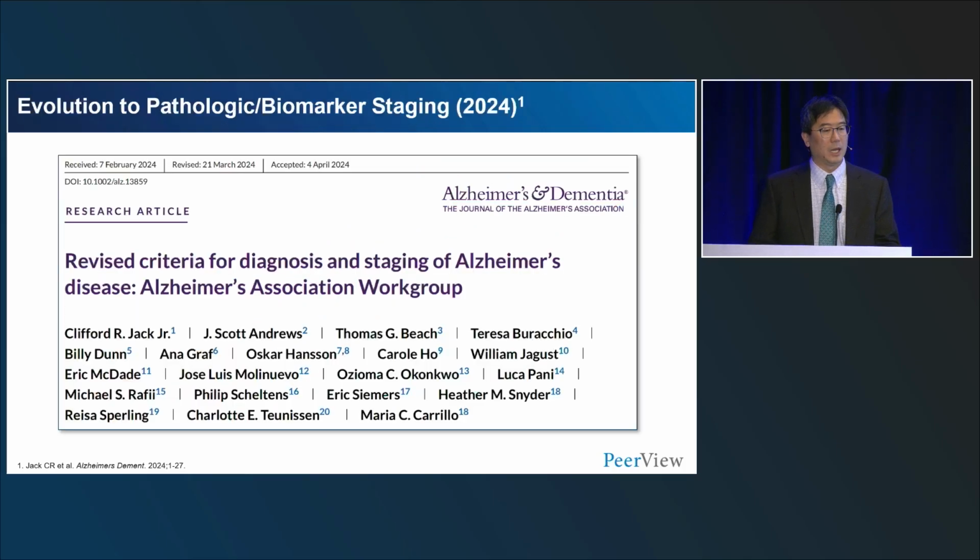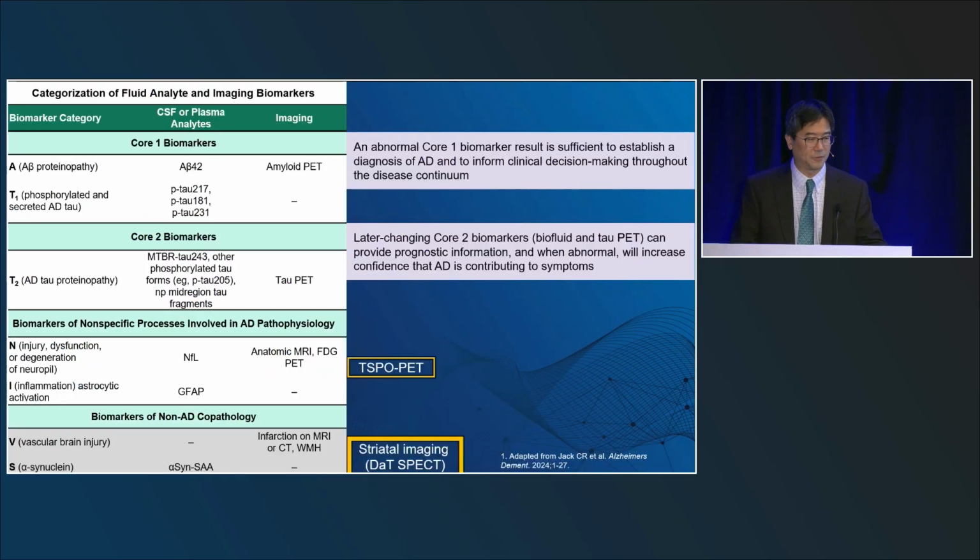The pathologic staging system is recognized by neurology. The traditional one was the ATN, and then they evolved that to a more sophisticated state just recently in 2024. But the core one critical biomarker still remains amyloid, and specifically for imaging, amyloid PET.